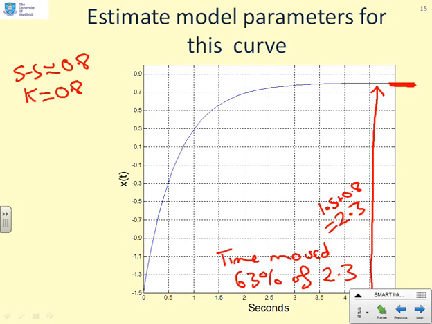Okay, so remember, in one time constant it moves 63% of the way from where it started to where it finishes, and the total distance moved in this case is 2.3. So if I do that quick computation, 0.63 times 2.3 equals 1.45. And so we now ask ourselves, where has it moved 1.45? Well, given it starts at minus 1.5, this takes you up to x of t equals minus 0.05.